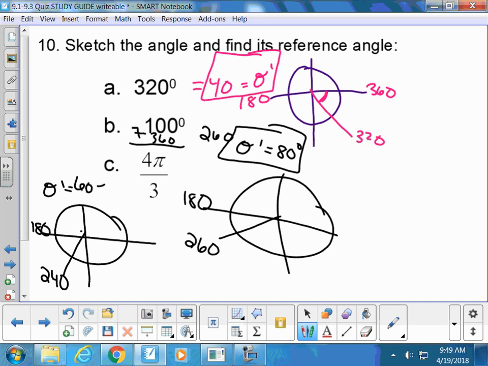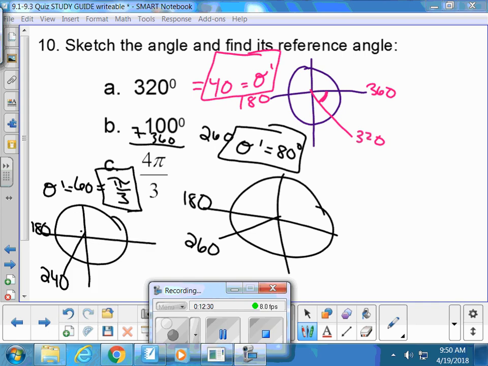Now, since the original problem was in radians, you'd probably want to convert yourself back to radians. So you can just look at 60 degrees on the unit circle and see right away it equals pi over 3. That's just the easiest way I've found to do these, is just think in degrees and convert yourself back at the end.